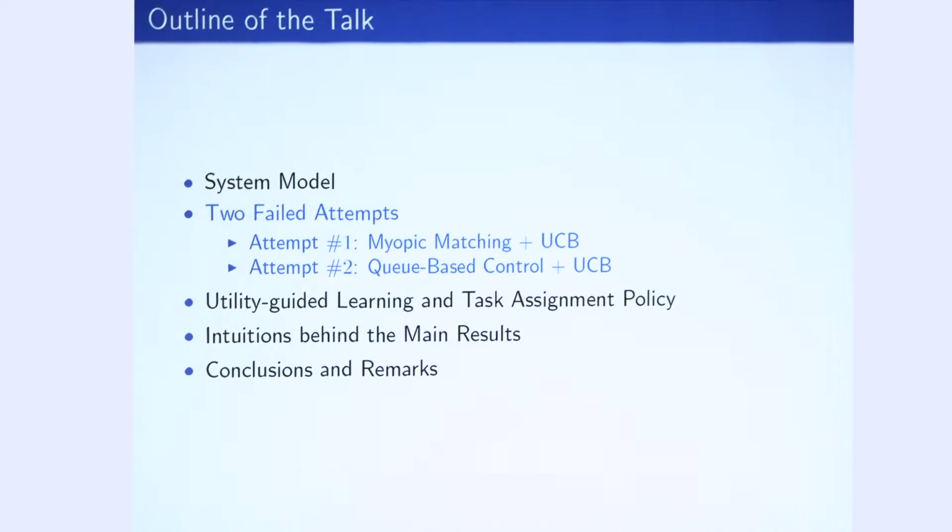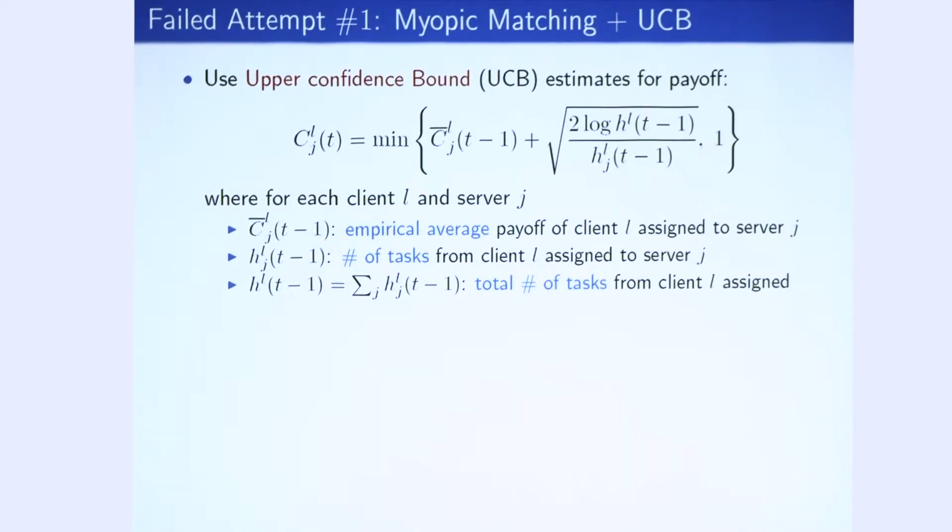Next, I'm going to present two failed attempts before presenting our policy. The first attempt is motivated by this multi-armed bandit point of view. A very natural way to estimate the unknown payoff is to use a classical estimator called the upper confidence bound.